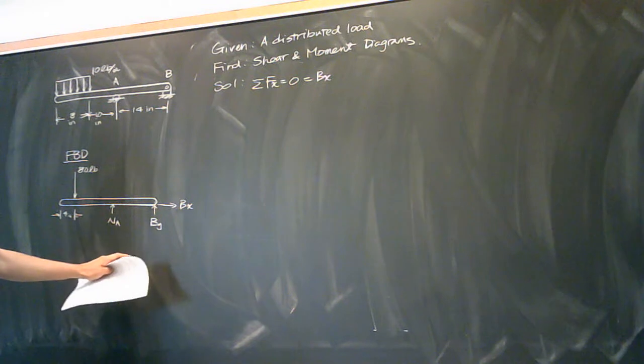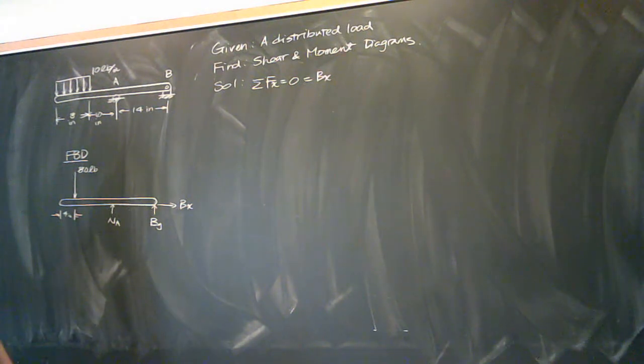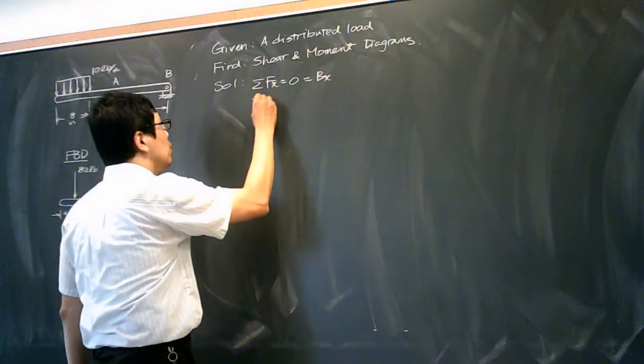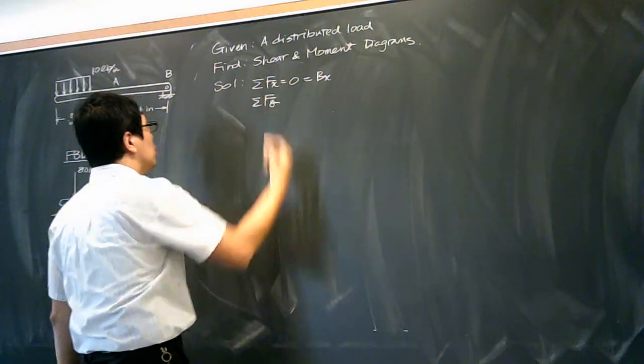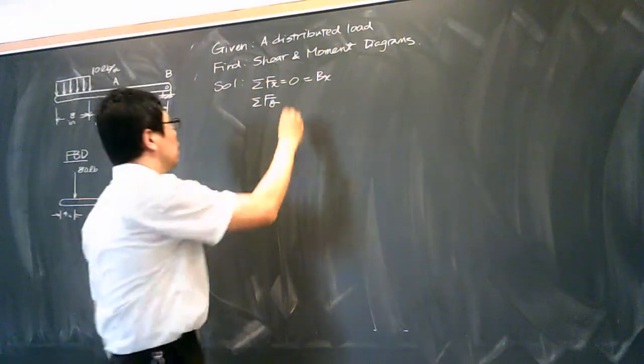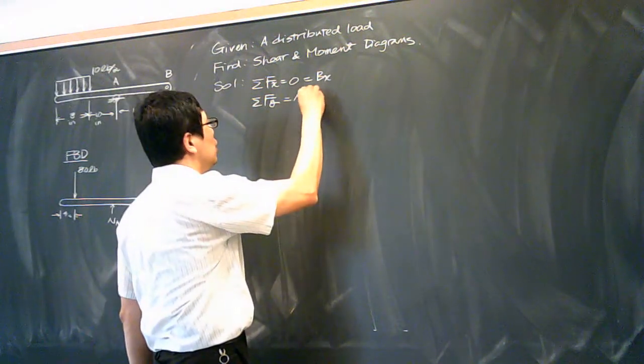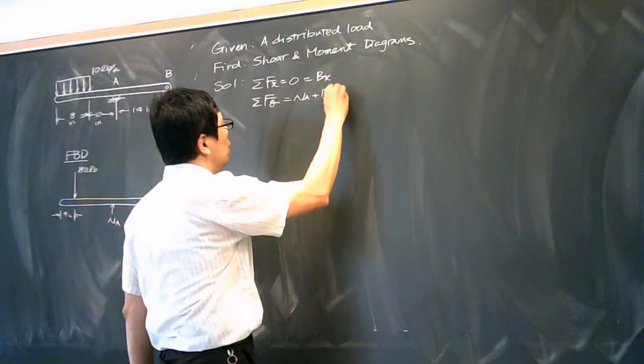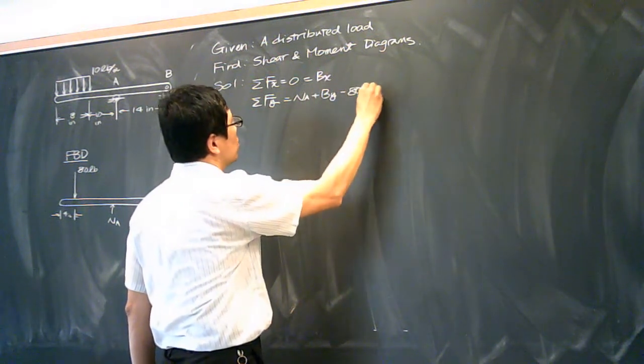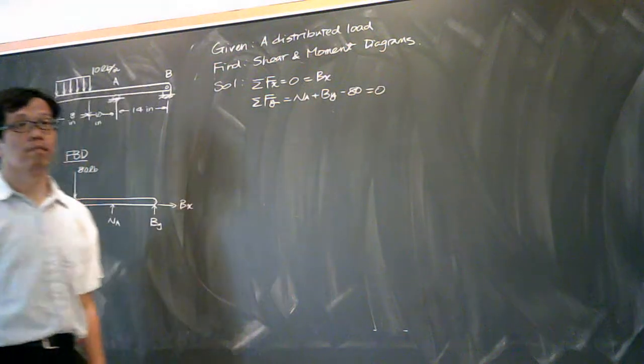Before we start solving that, it is clear we only have one force in the horizontal axis, which is Bx. So Bx equals 0. We have the sum of Fy, that is going to be NA plus By minus 80 pounds equals 0.